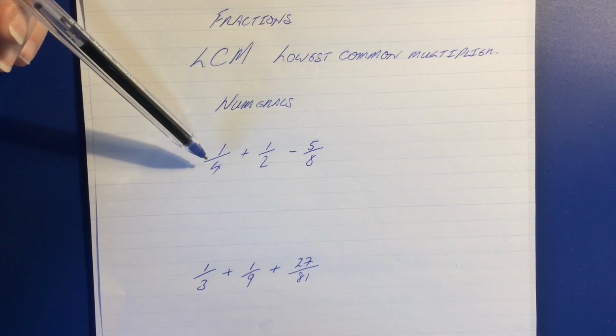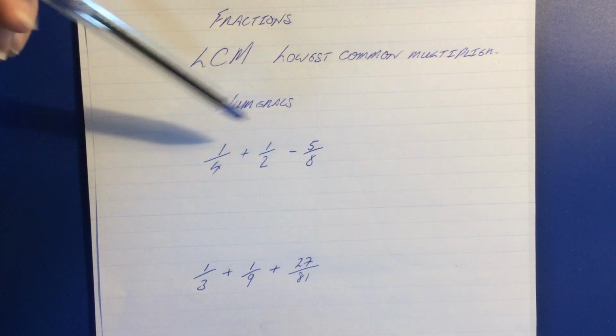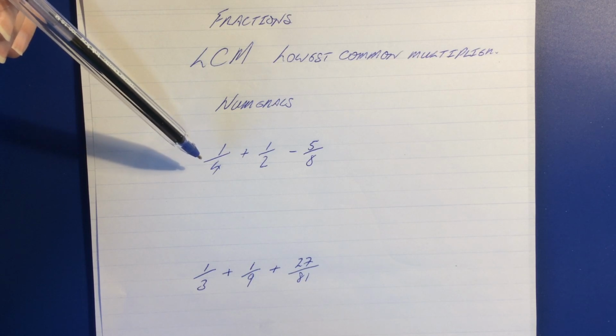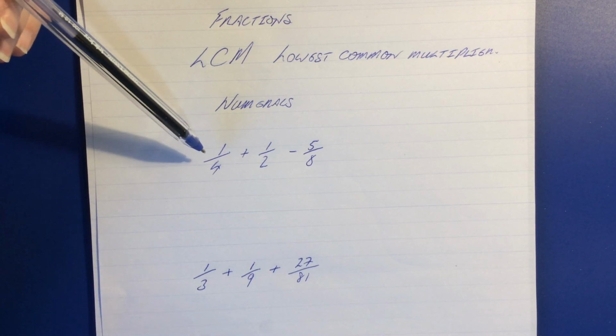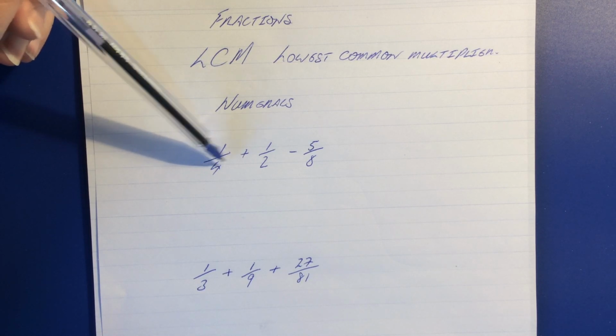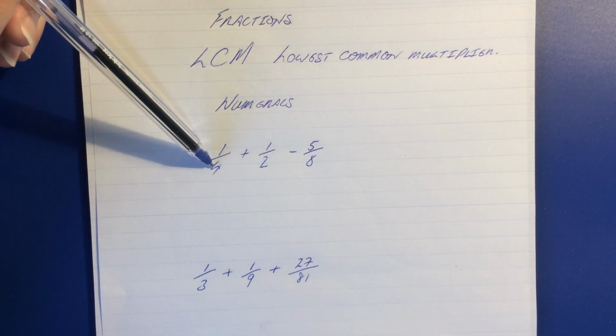Now, much of the time, it really doesn't matter when it comes to numbers because everything will sort itself out, as they say. But what we're looking at here is things that are basically multiples of 2.